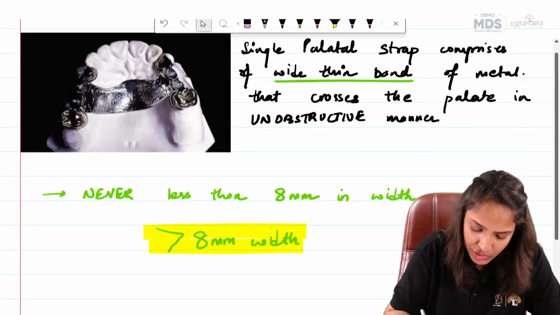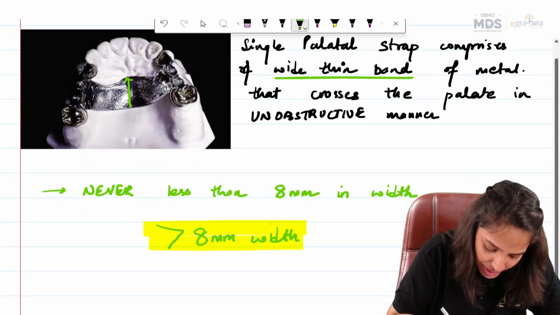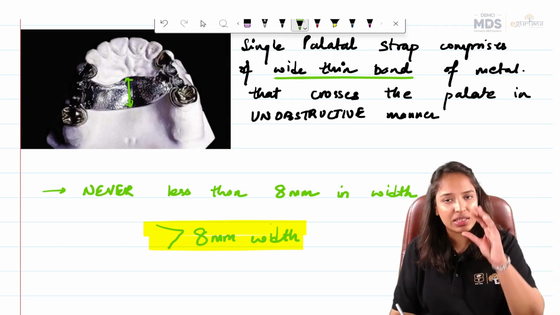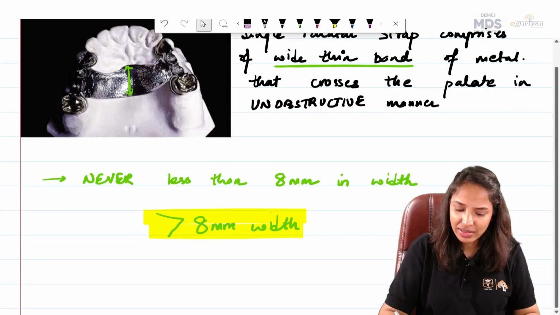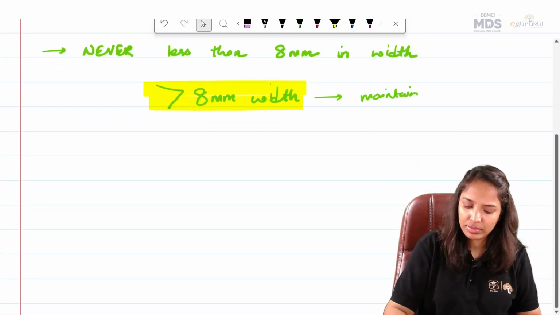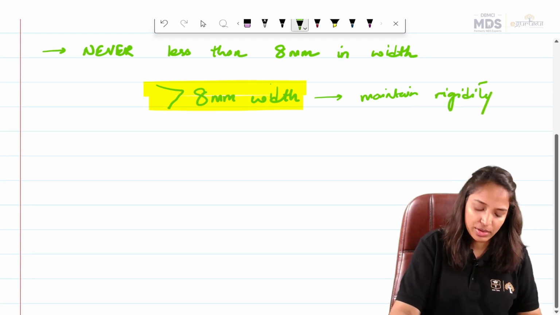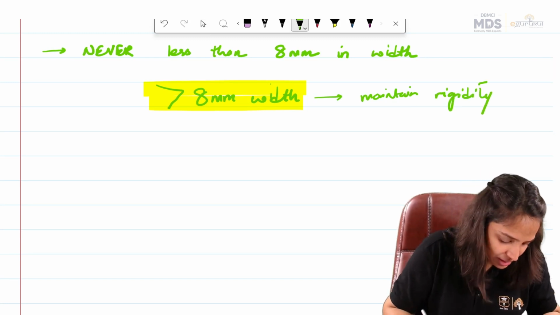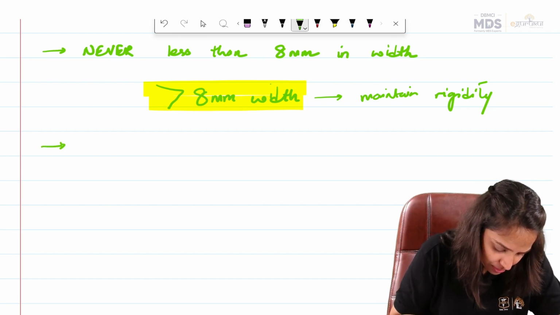Now, why is it so? We are talking about this width over here. Because it is thinner in cross section and flatter. We need that so as to maintain rigidity of your prosthesis. So that is your single palatal strap.